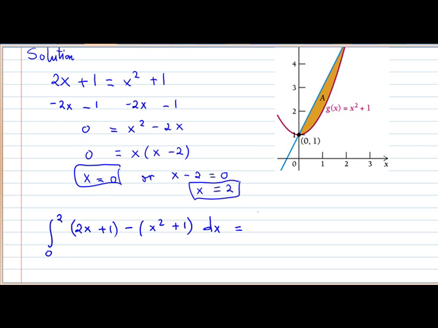Now, before we do anything, I'm going to simplify the integral a little bit. So I got minus x squared, and then plus 2x. Then I have minus 1 plus 1, so it is 0. So dx.